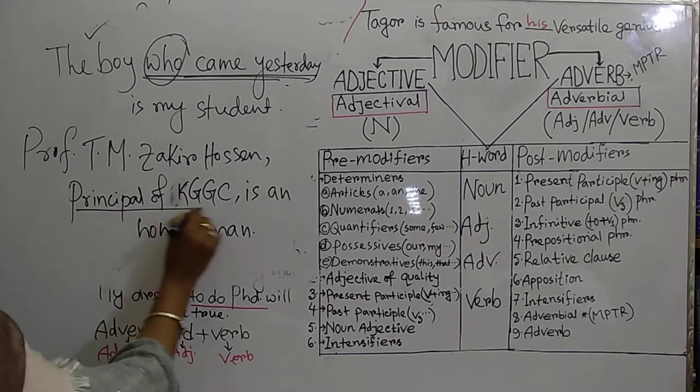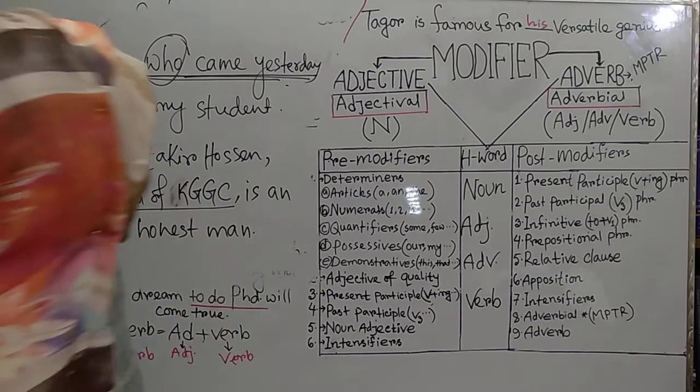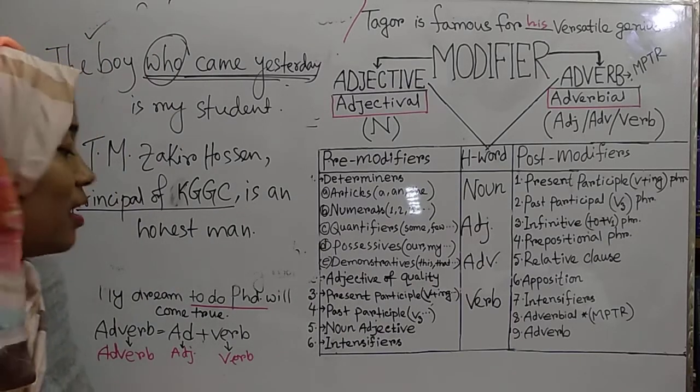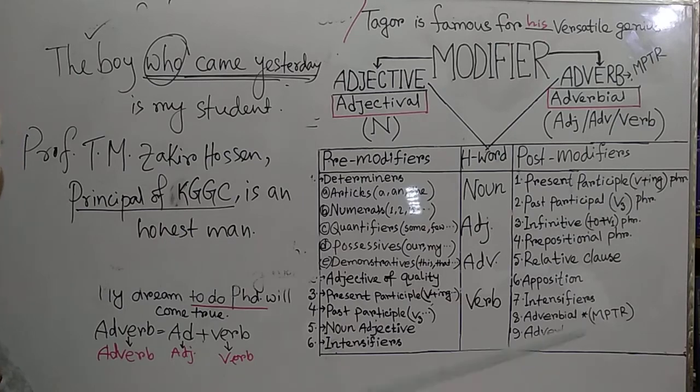Here, principal of KGGC is an appositive phrase or apposition. Here you can see this phrase lies between two commas, and it is the second identity of Professor T.M. Zakir Hussain. So it is an apposition, and here it has been used as the post modifier of the noun.